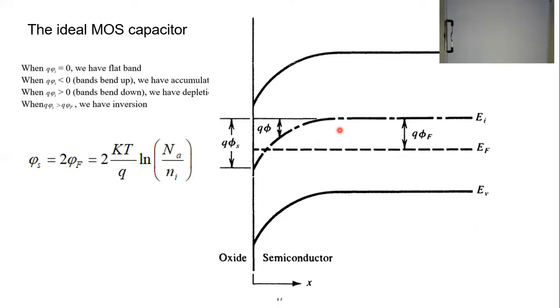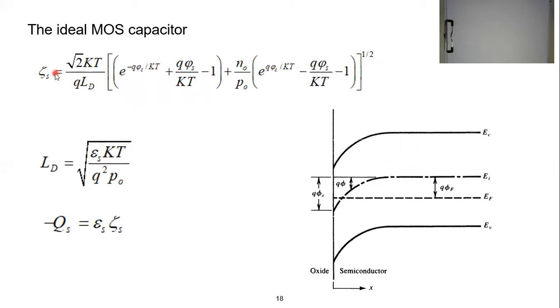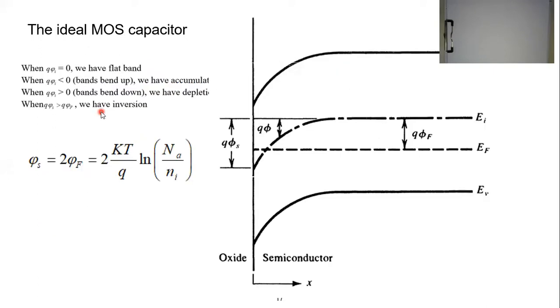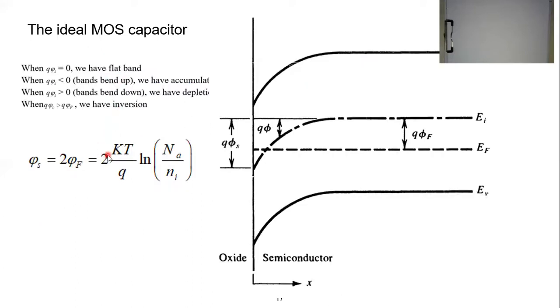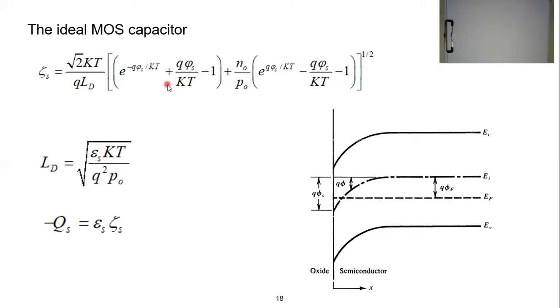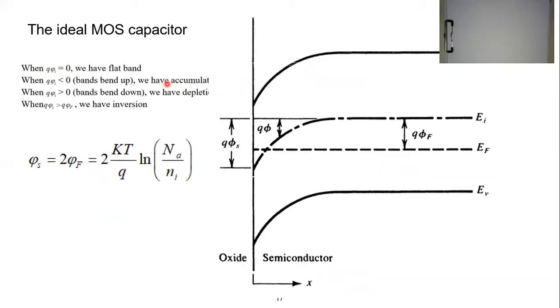If you remember from our first lecture, or maybe from our materials course, we know that using the energy band diagram, you can calculate the potential phi, and the electrical field is the derivative of this potential, and the first derivative of the electrical field represents what's called the charge. So the first way is to do it mathematically.